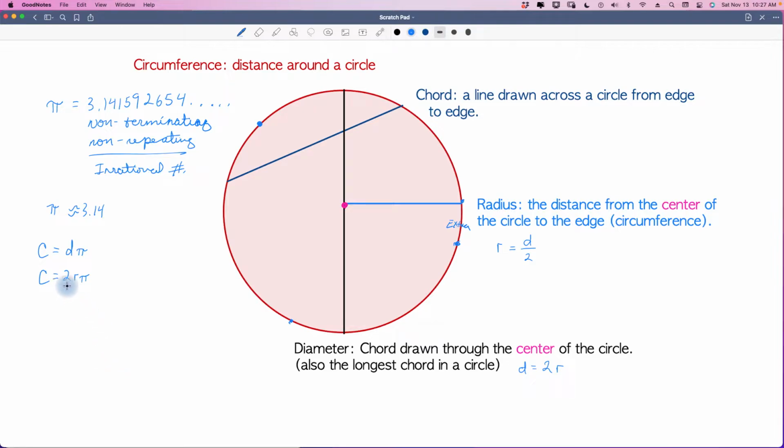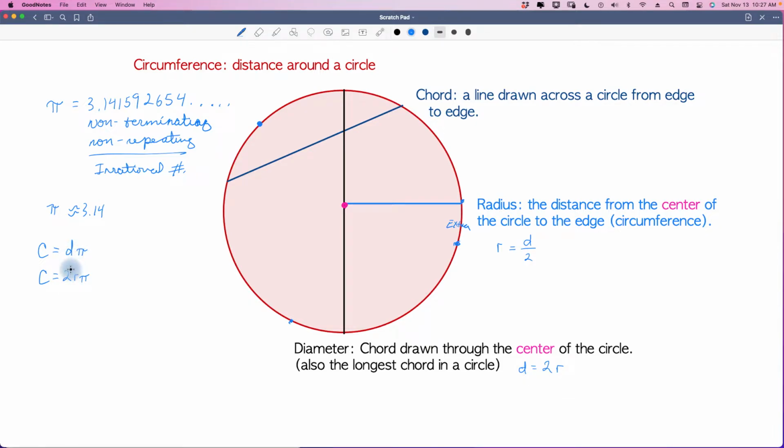All right? Because we know that the diameter is also 2 times the radius. And a lot of times you won't have the diameter given to you. You'll just have the radius. But that's a quick calculation to do. All right? But keep in mind, it could be the diameter times pi.